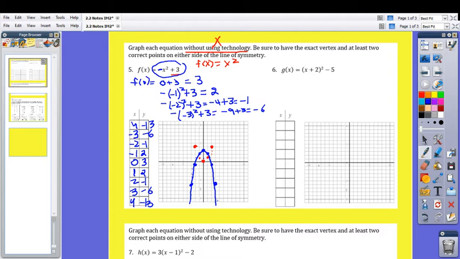Okay, let's do the next one. And so again, this one I can tell that this takeaway 5 is moving it down. I'm so sorry, this negative 5 is moving it down.